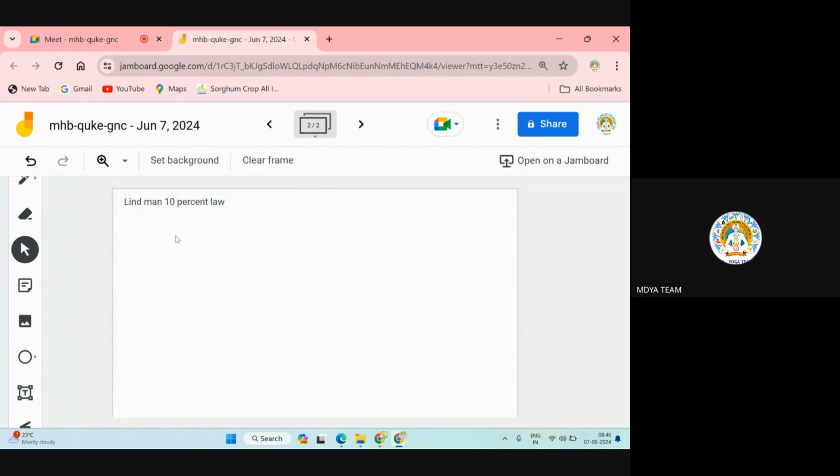Lindemann 10% law. This law explains that first there will be plants, then some deer will be feeding on that plant, and a tiger, for example, feeding on deer.